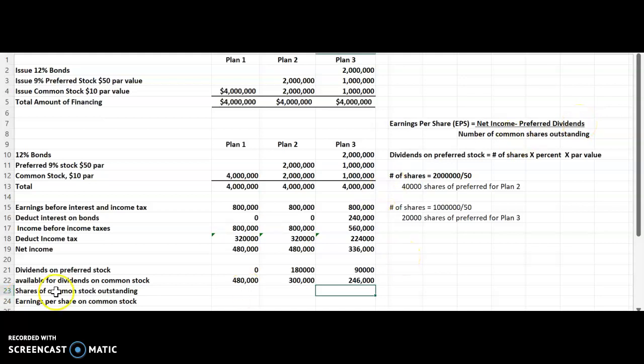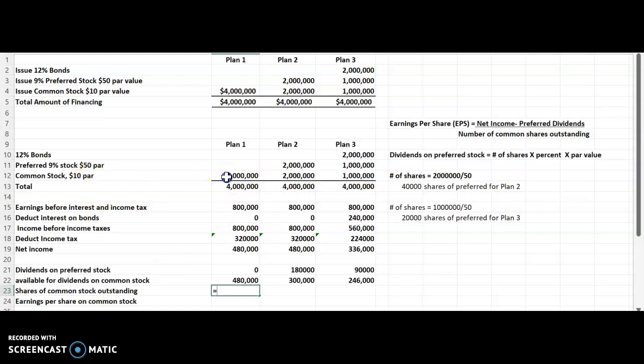Now we need to get the shares of common stock outstanding. To get this number, just like we found the number of shares of preferred for each, we're going to take the dollar amount of the common stock and divide it by the $10 par.